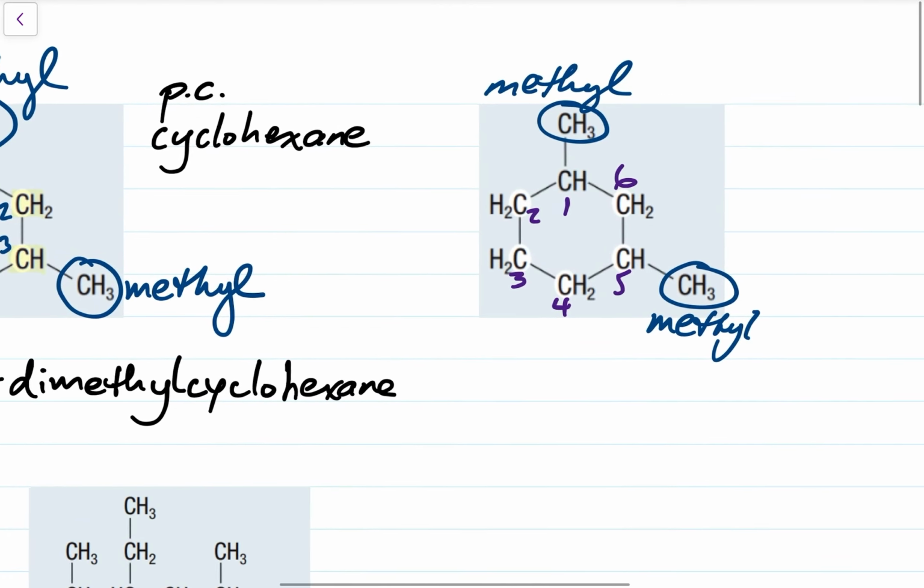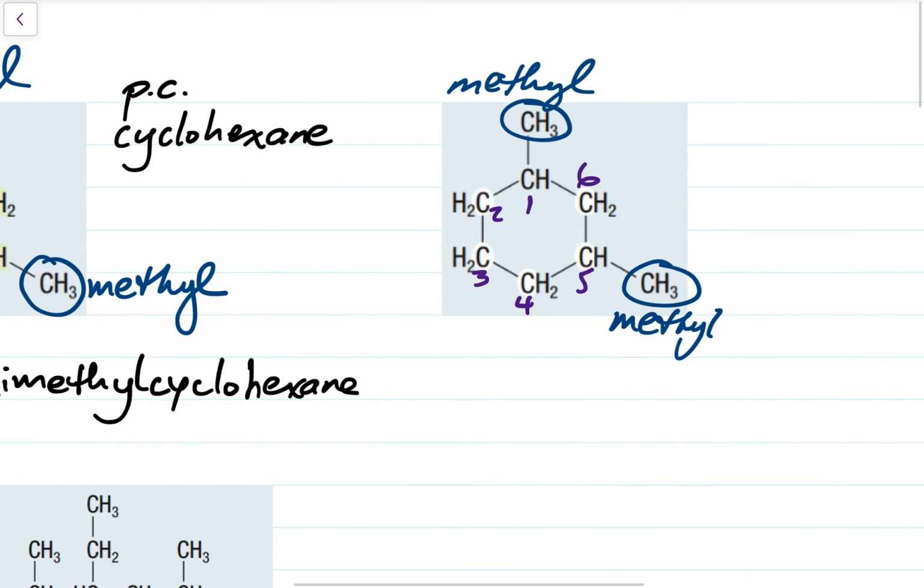Now, if we were numbering this one and we followed this number format, it would end up being called 1,5-dimethyl cyclohexane.